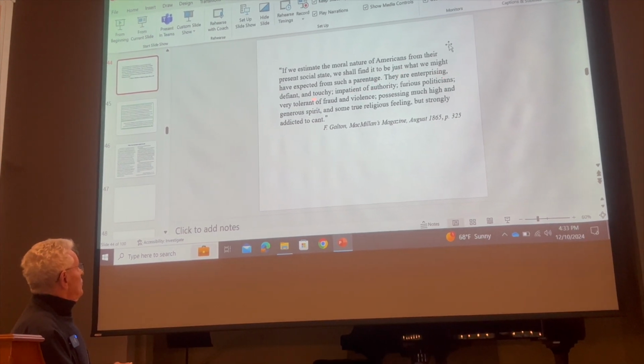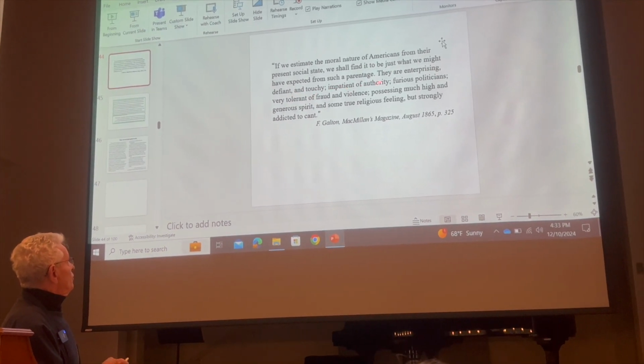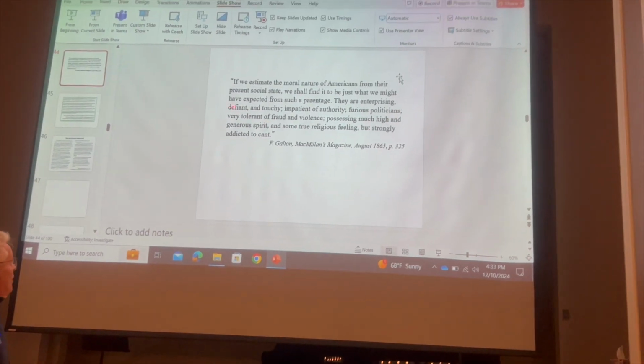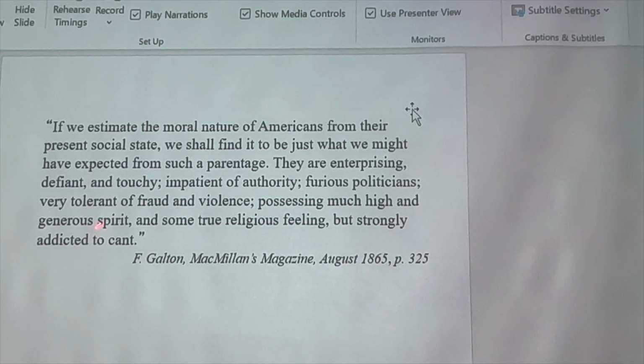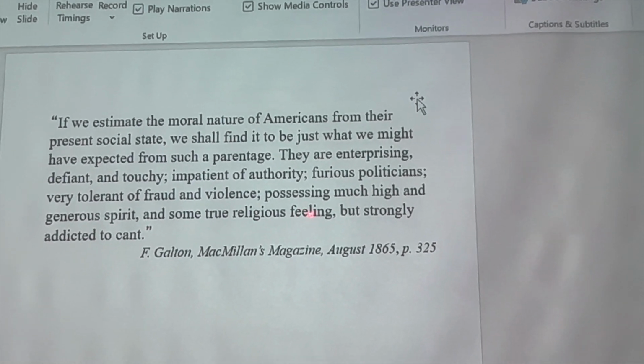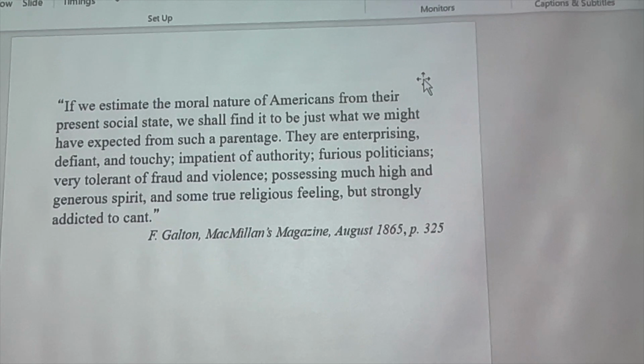They're enterprising, defiant, and touchy, impatient of authority, furious politicians, very tolerant of fraud and violence, possessing much high and generous spirit and some true religious feeling, but strongly addicted to cant.